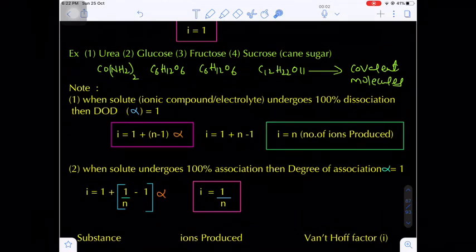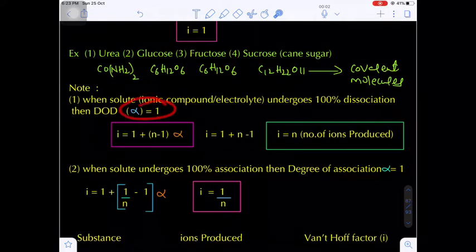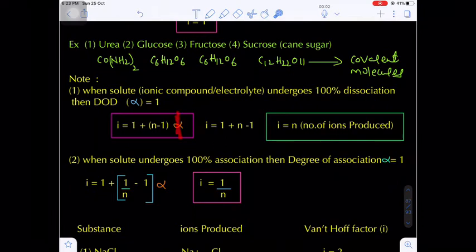Next, when the solute is an ionic compound and it is 100% ionization, when the solute undergoes 100% ionization, then the alpha value is taken as 1. So what is the iota value? Iota is equal to 1 plus n minus 1 into alpha. If I am taking alpha as 1, then 1 plus n minus 1, so minus 1 plus 1 gets cancelled.